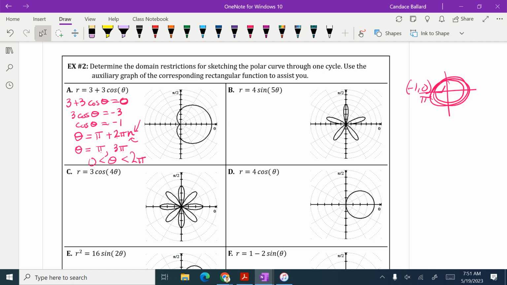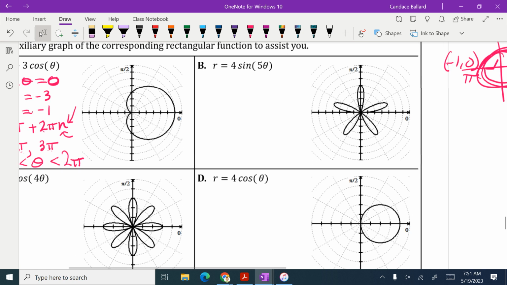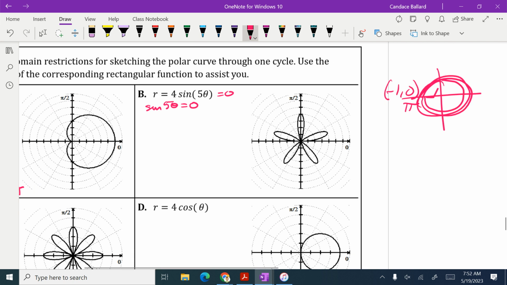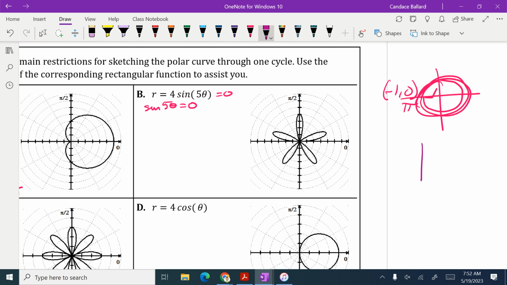So the next, we're going to set the next one equal to 0. Let's try the one with the rose curve here. Setting it equal to 0, I'm going to move the 4 over, so that gives me sine of 5 theta equals 0. Is sine the x value or the y value? Y value.